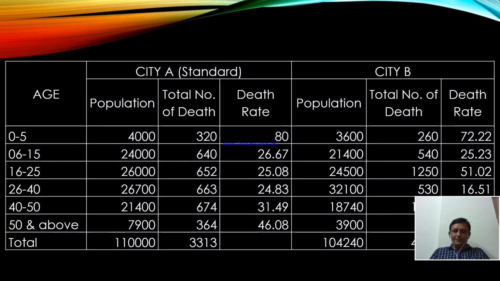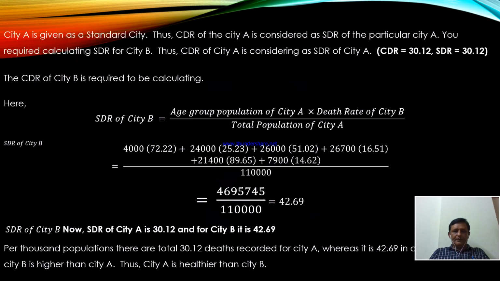And accordingly, if we multiply all the numbers, the final calculation will end at 4695745 as a total, which is required to divide by the total population of city A, given as 110000, and finally we get 42.69.